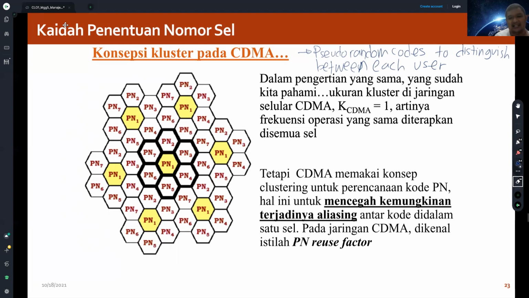So in CDMA, there will be no cells that have the same pseudo-random codes adjacent to each other. Now, this is the concept of CDMA using the clustering method.